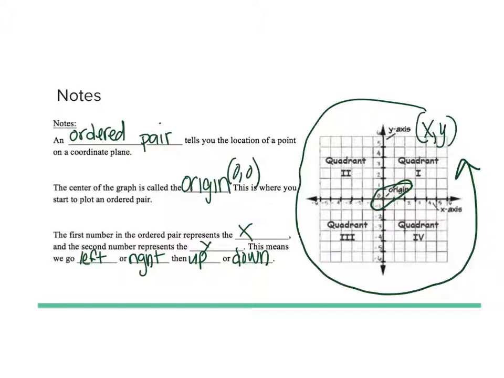Quadrant 2, and notice that they're Roman numerals, has a negative x and a positive y. Quadrant 3 has a negative x and a negative y. And then quadrant 4 has a positive x and a negative y.